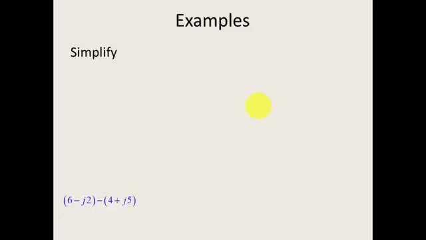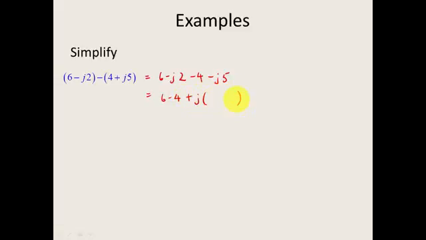Let's try an example. I'm given this minus this. So first, I'm going to open up the brackets. I get 6 minus j2. Then opening up this, I get minus 4. And opening up this, I have minus j5. Now, let me put the real parts side by side. And then the imaginary parts, let's also put side by side by writing as plus j bracket multiply into negative 2 minus 5.